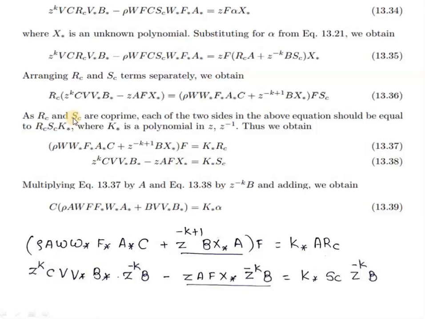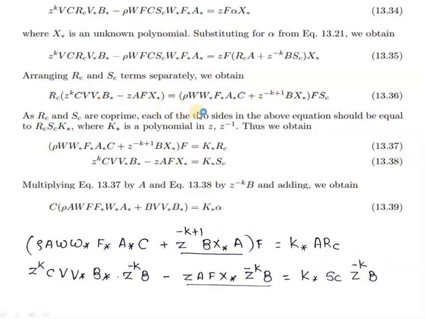Therefore there is no common term present between rc and sc, and we call them co-prime. Therefore the two sides of the above equation should be equal to rc and sc into k star. Here k star is another variable we have introduced, a polynomial in z and z inverse. Now we have to divide this whole term with the help of this term.